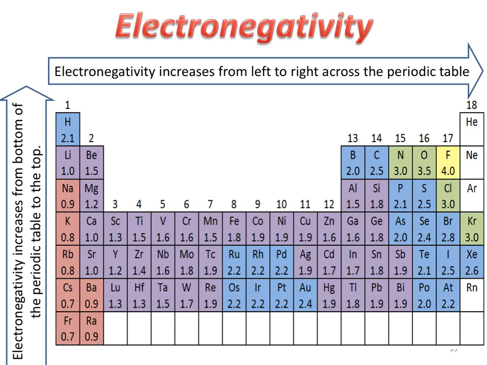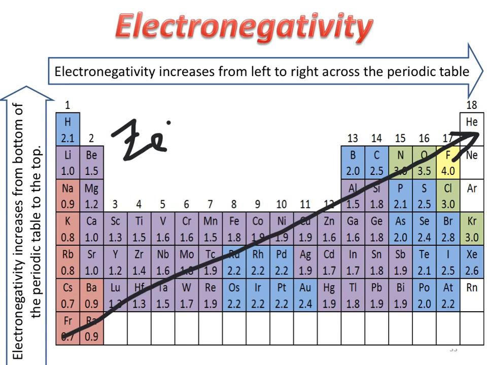If we look at an arrow going from the lower left to the upper right and talk about the trends. The first one was the effective nuclear charge. The effective nuclear charge, as we went across the periodic table, went up. Effective nuclear charge went up.